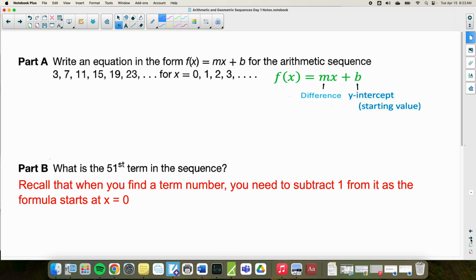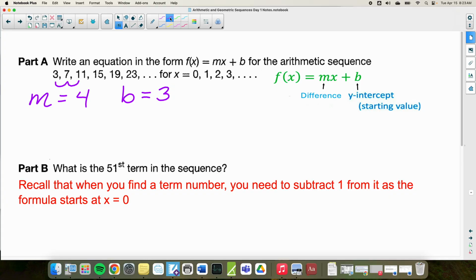All right, so let's look here. It says write the equation in the form f of x equals mx plus b using this. And what are they doing each time here? They're just adding 4, right? So m is 4. And then b is the number you start with, so in this case, b would be 3, okay?